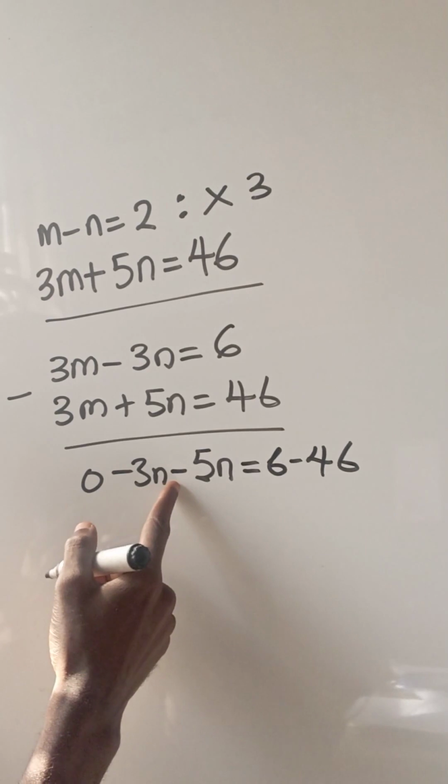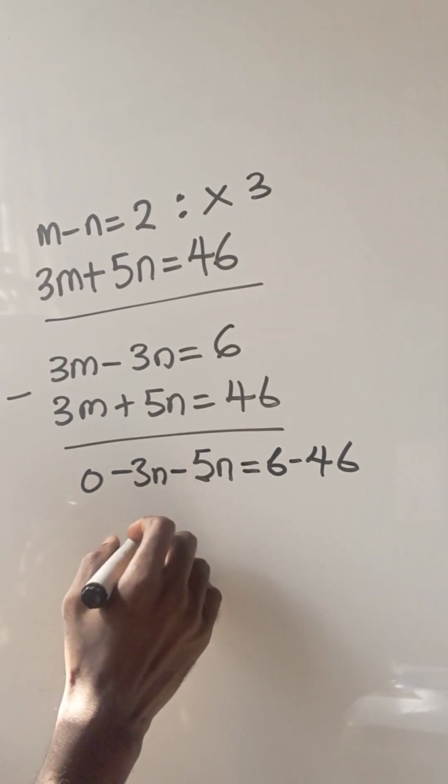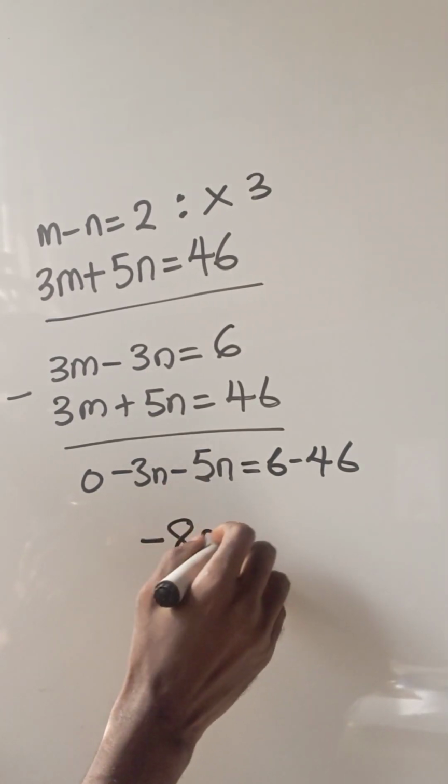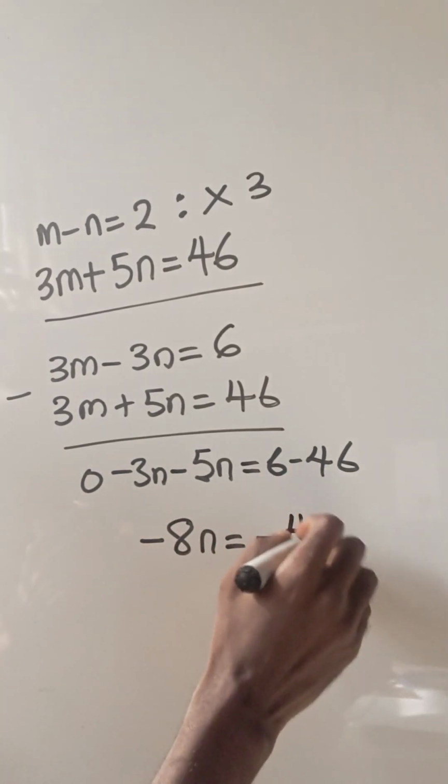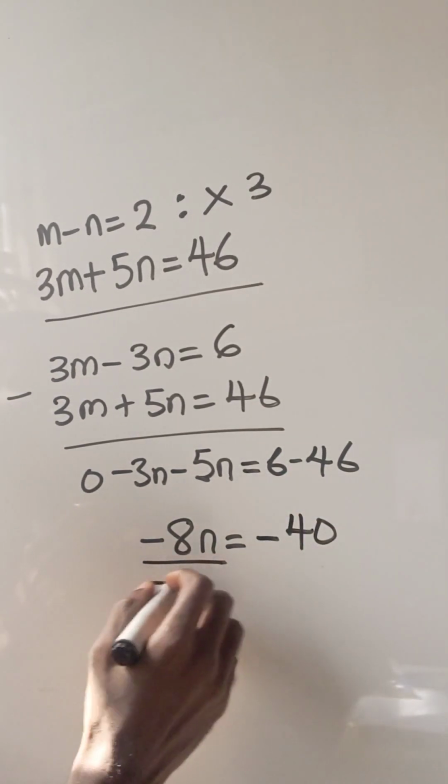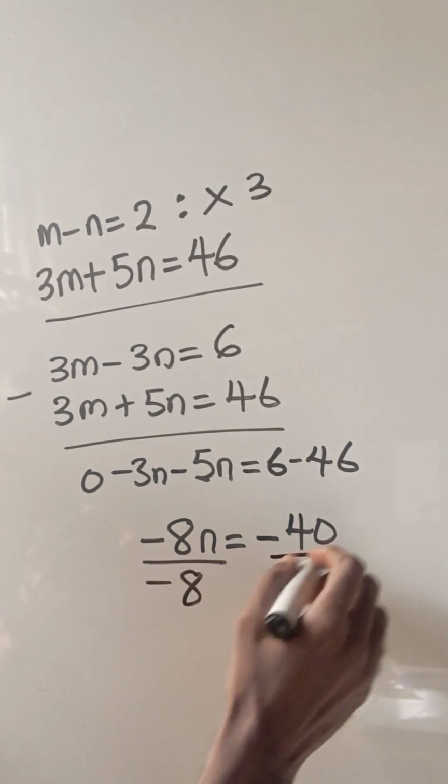Minus 3n minus 5n will give us minus 8n, equal to 6 minus 46, which gives us minus 40. So divide both sides by the coefficient, which is minus 8.